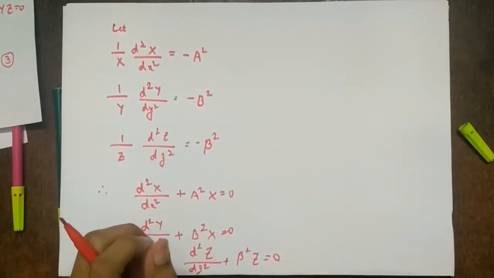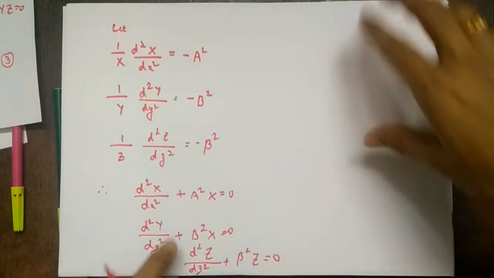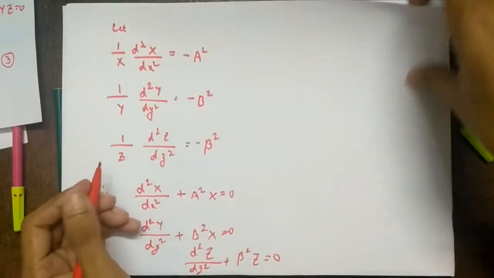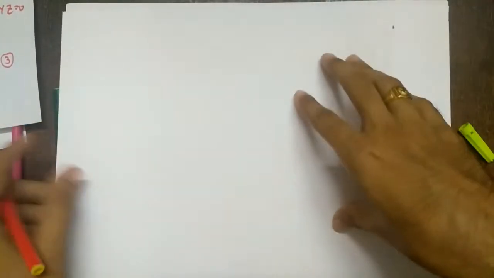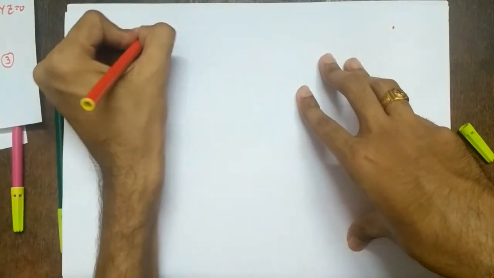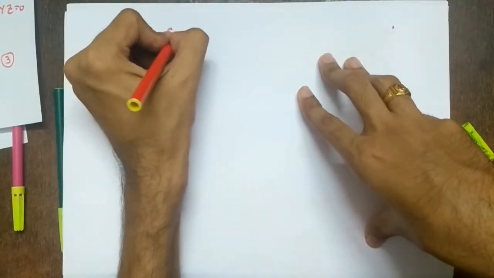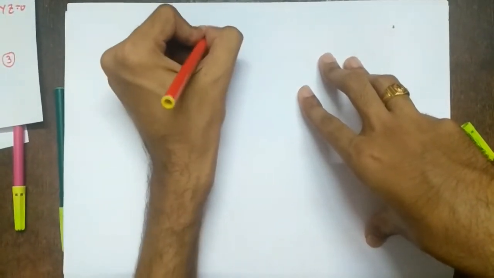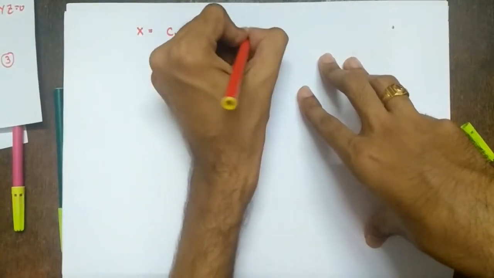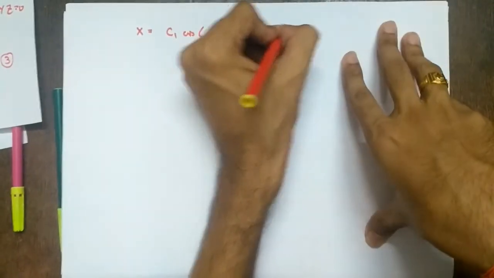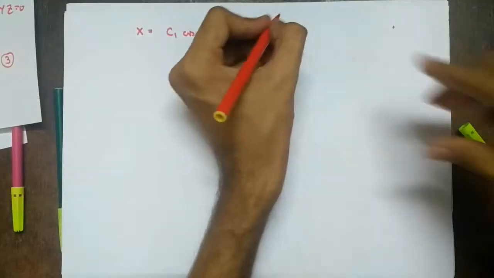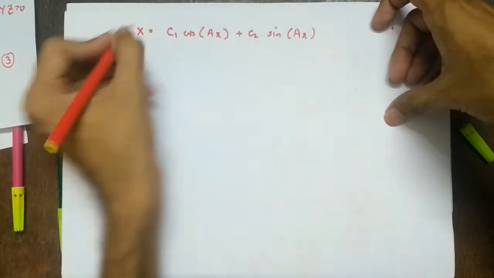So let's solve further. If you take the solution of this differential equation, what you will get is X equal to some constant c1 cos of ax plus c2 sin of ax.